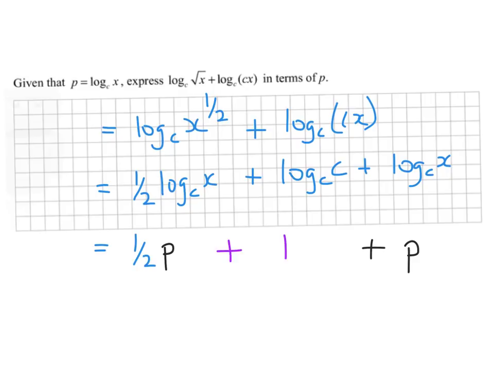So simplifying that, tidying it up, well, a half and 1 is 1.5. So that's 1 and a half P, or that's the same as 3P over 2 plus 1. And that's our answer there. So again, red box around our answer, and we're finished.